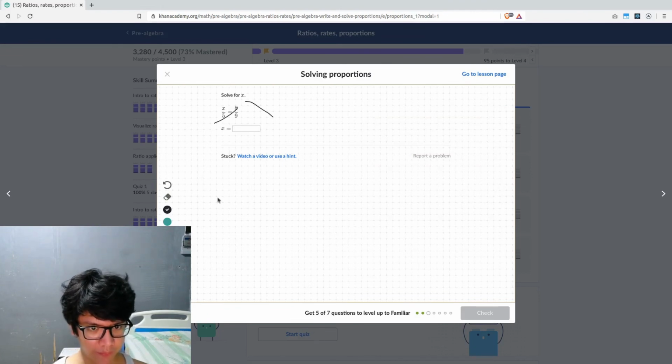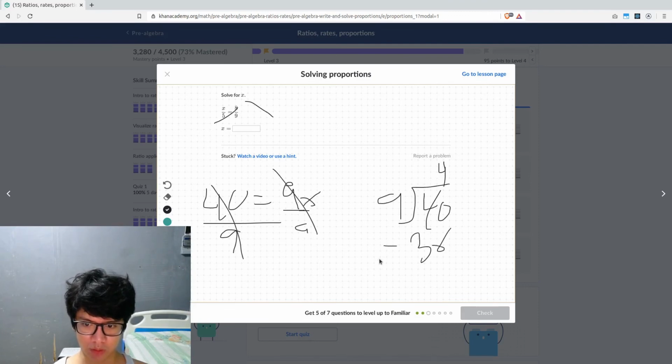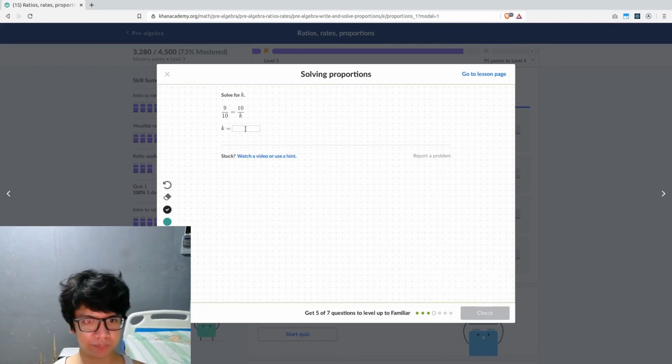So we have 40 equals 9x and divide both sides by 9. Whoa, 36, and then we get 4, and then we get 36. 40 over 9. Let's just simplify. Really? Come on, so dumb.